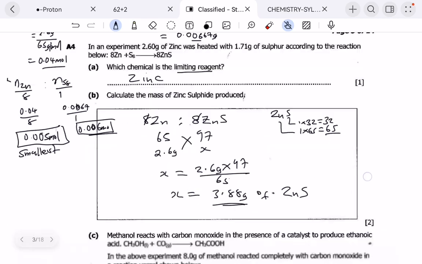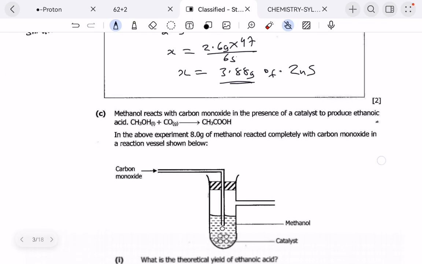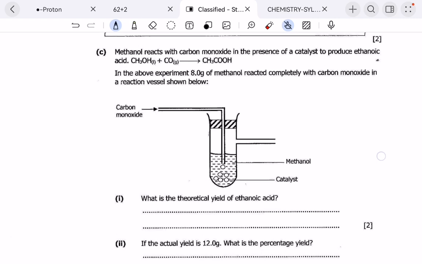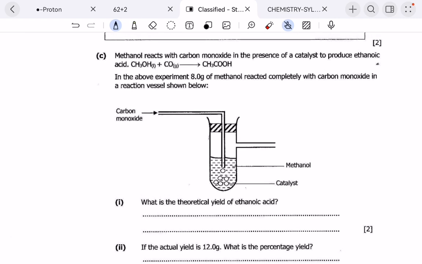Then the next question requires us to calculate the theoretical yield. We know that for us to calculate the theoretical yield, obviously we have to understand the question, the mass that was given in the question. Is it the actual yield or is it the theoretical yield?